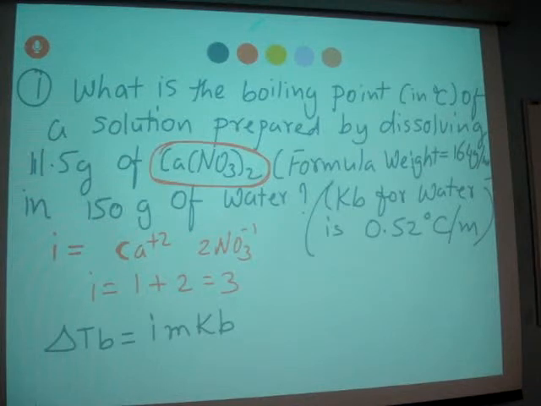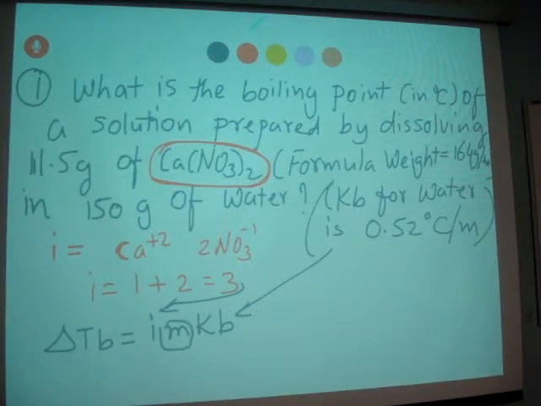We found i, which is right here. We have K B, which is right here. The only thing we need to find is molality. So molality equals moles of solute divided by kilograms of solvent. The moles of Ca(NO3)2 are 11.5 grams divided by 164 grams per mole.